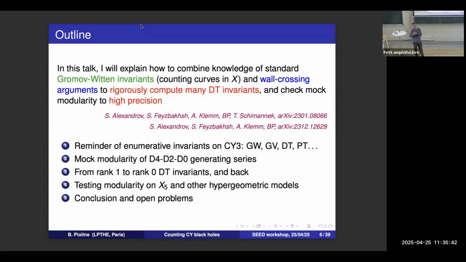Currently, those are two different stories. There's no indication of any connection. Here we're not counting points over finite fields. We want to count these stable objects. If you ask what would be the invariant counting points in the Calabi-Yau threefold, the points can just probe the whole Calabi-Yau, so the invariant that counts it is just the Euler number of the Calabi-Yau. It's very boring. But once you start counting the sheaves, which are supported on divisors, then it becomes a very rich and interesting story.